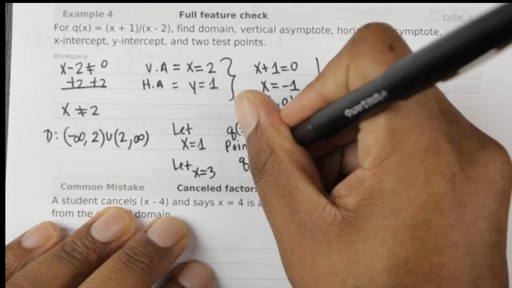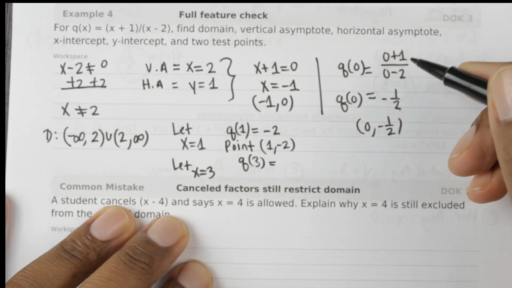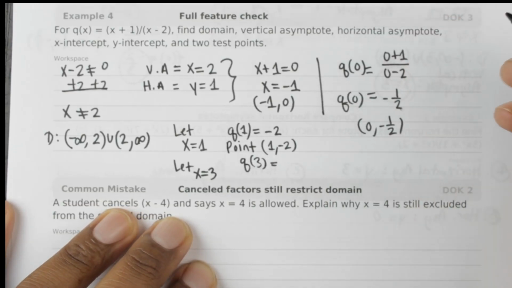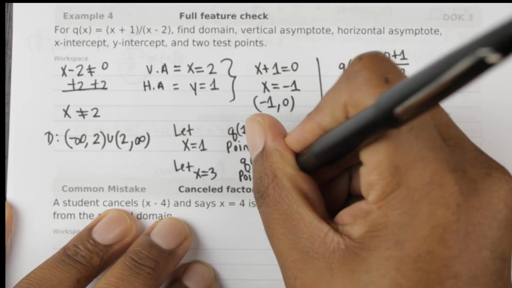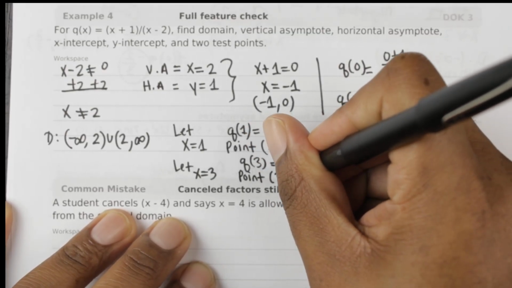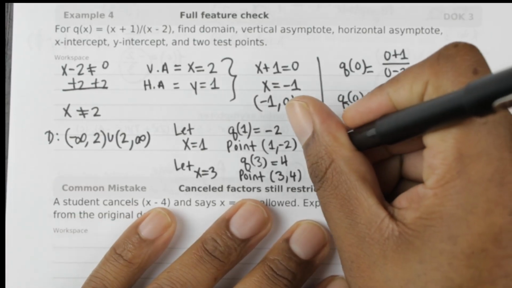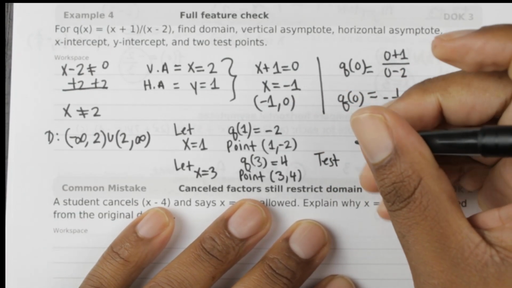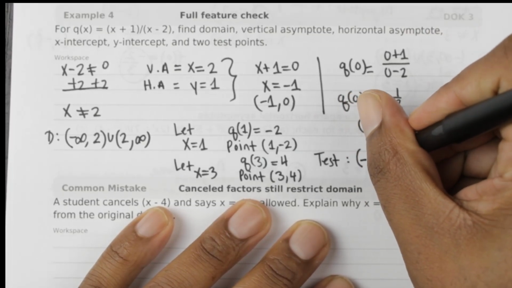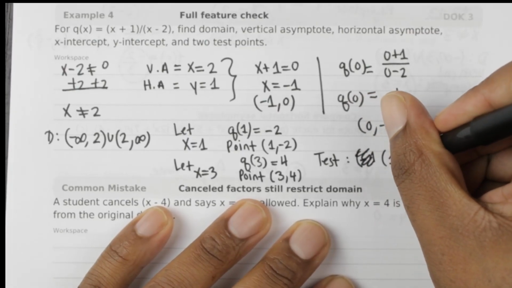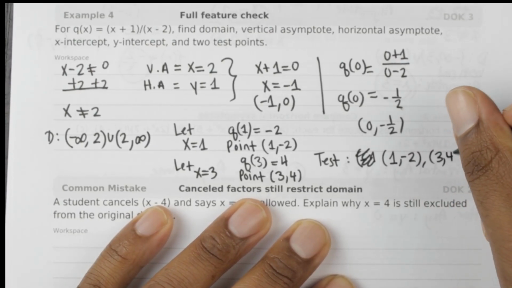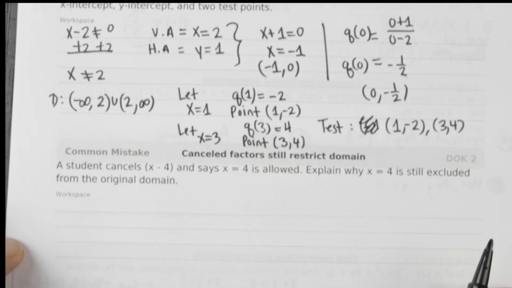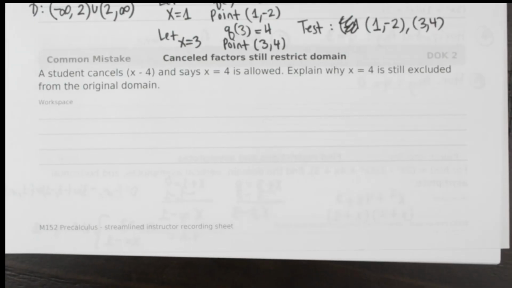So we have q of 3, so 3 plus 1, over 3 minus 2, that would be 4. So the point would be 3, 4. So the test points would be 1, -2, and 3, 4.